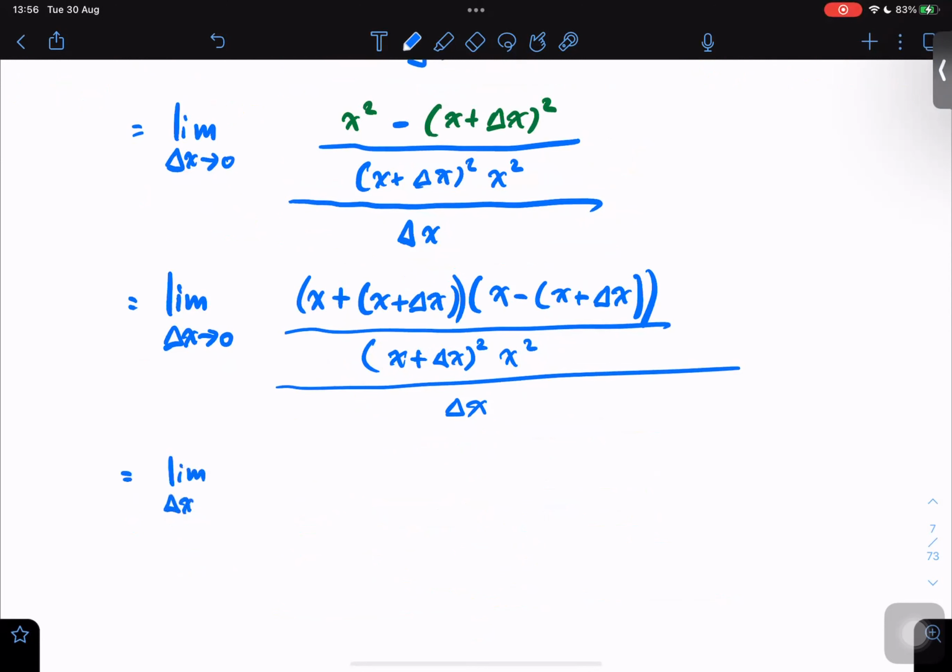So limit of x plus x plus delta x becomes 2x plus delta x.